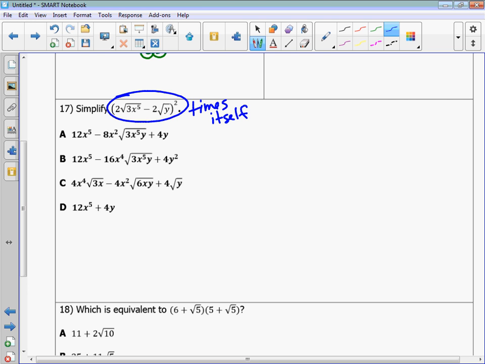You have to do that twice. So it's 2 square root of 3x to the 5th minus 2 square root of y raised to the second power. I'm not going to rewrite it again. So you just multiply it again.